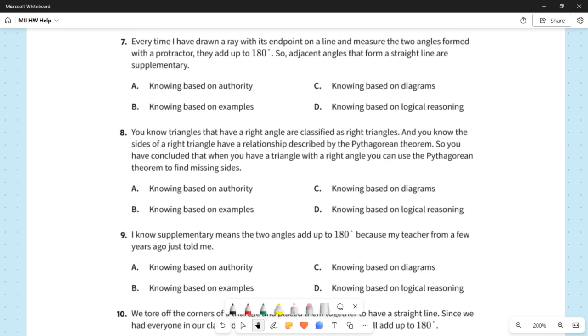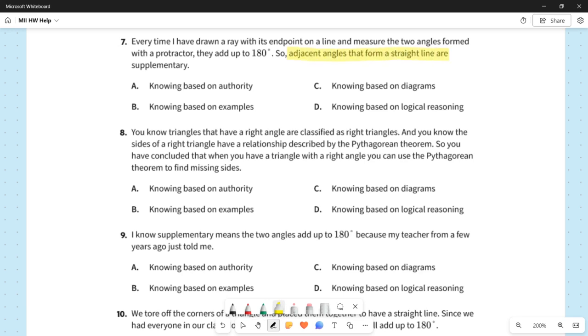Number 7 says, every time I have drawn a ray with its endpoint on a line and measured the 2 angles formed with a protractor, they add up to 180 degrees. So, adjacent angles that form a straight line are supplementary. For number 7, the thing that we know here is this second sentence.